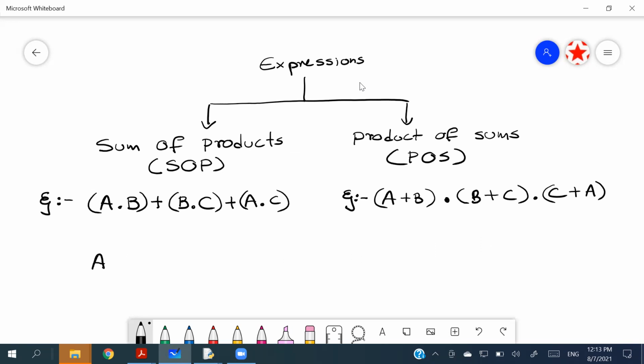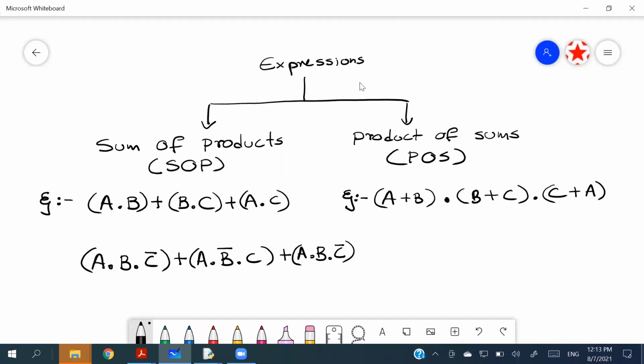So I'm writing a dot b dot c bar plus a dot b bar dot c, right? Plus a dot b dot c bar, right?